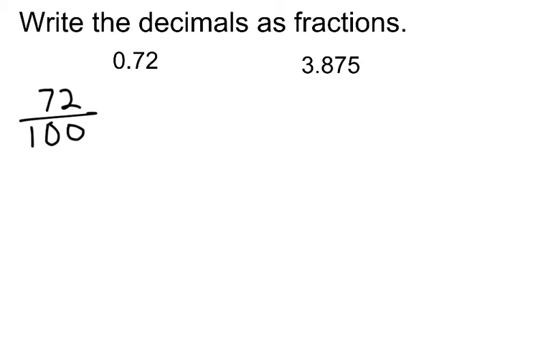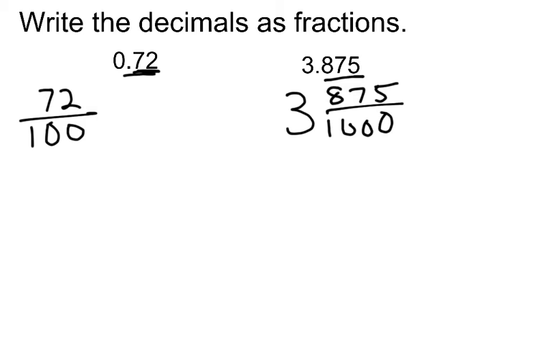Another way of looking at it is whatever this number is, add an extra 0 to your 1. So we have 1 and 2 zeros here. Here we're going to have 1 and 3 zeros, but we do have a whole number. So we have 3 and 875 thousandths. So that's 1 with 3 zeros.